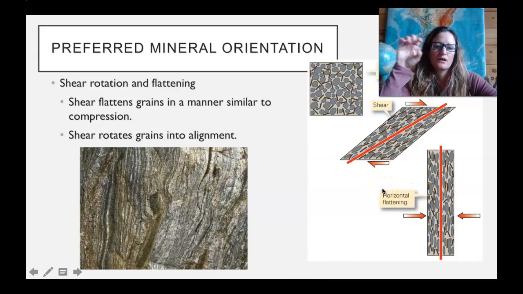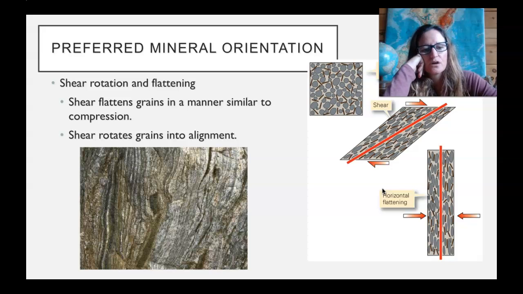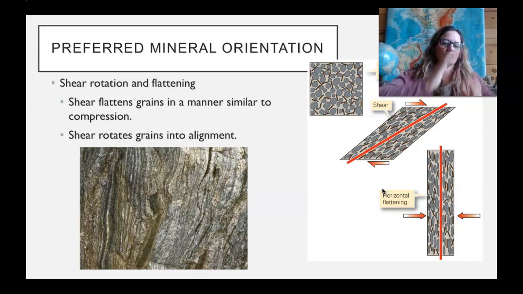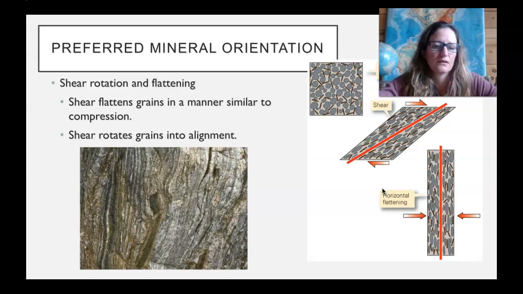So we've got in the first image round, maybe quartz crystals and some rod-shaped crystals that are not oriented in any particular direction. Maybe those are actually muscovites. And then we shear that rock and we start to align the long axis of those quartz crystals.